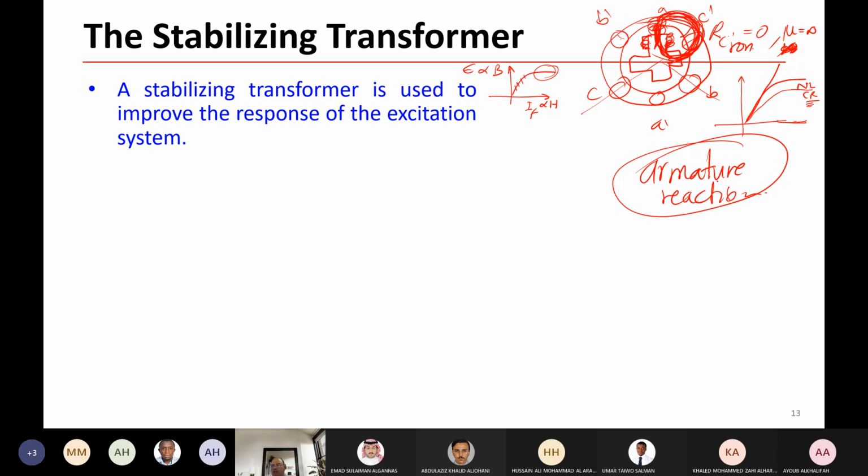And this armature current will react, and one of the components will be on the opposite side. We have two components of the armature reaction. One is the demagnetizing component that reduces the net flux. And if you reduce the net flux, then the voltage at the same field current will be lower. Am I right?